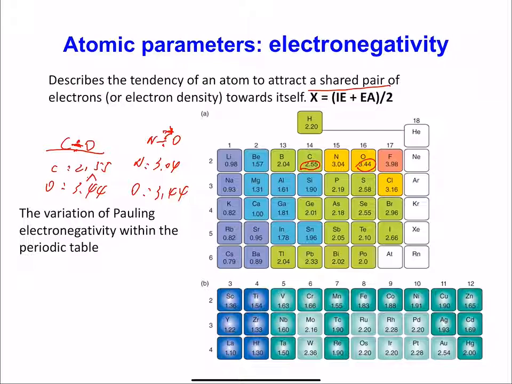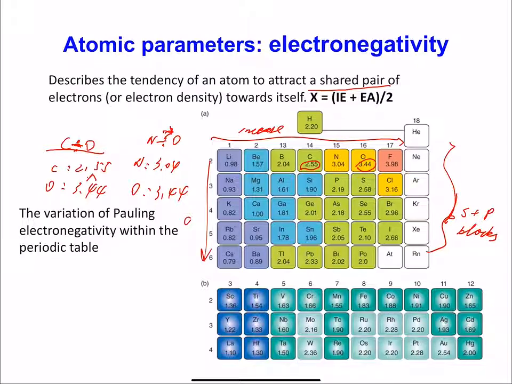So that's about electronegativity. If we look at this s block here, that's the main group, s plus p block. Electronegativity has the same trend as ionization energy and electron affinity for atoms. So across a period, we say increase. If we go down the same group, group 1, we say decrease. And if we look at the other groups, we have a similar trend.